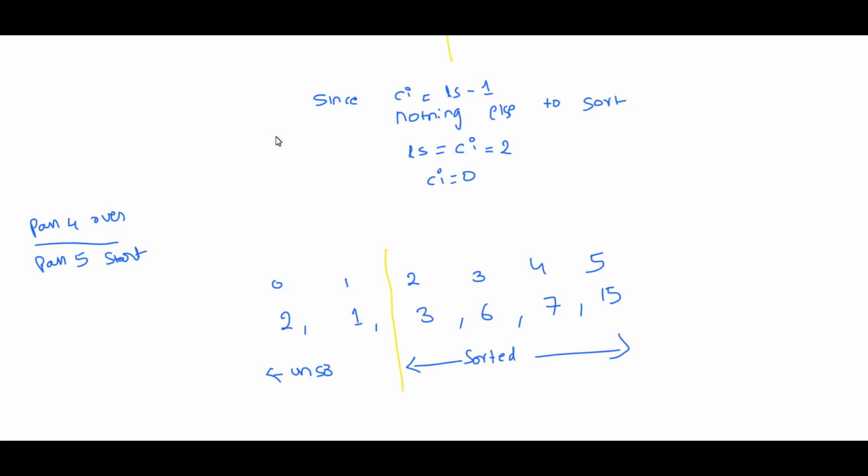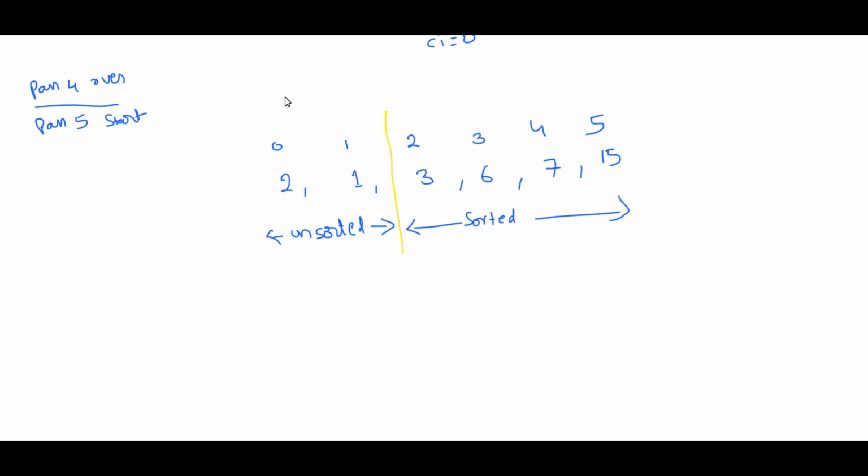This is the unsorted part. You must have noticed the unsorted part has shrunk as we progress, and our CI is 0 once again, with a value of 2, and ls keeps encroaching more and more towards the left, which is now pointing to 2.